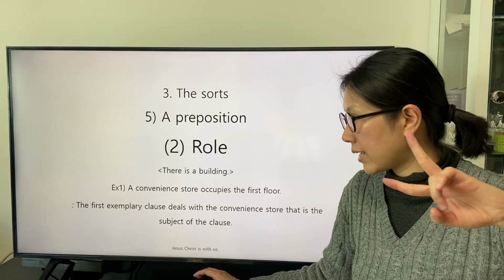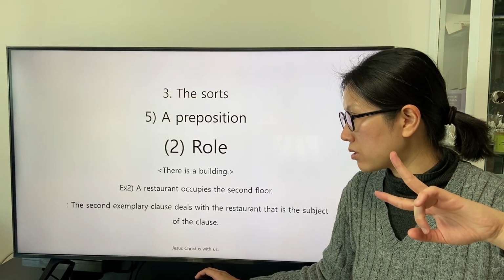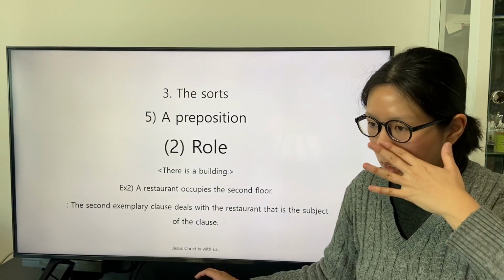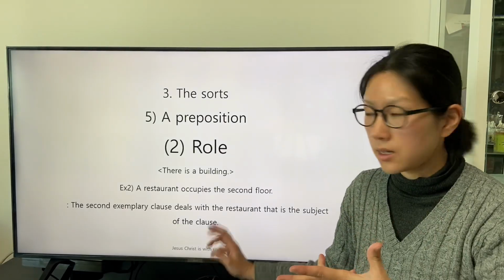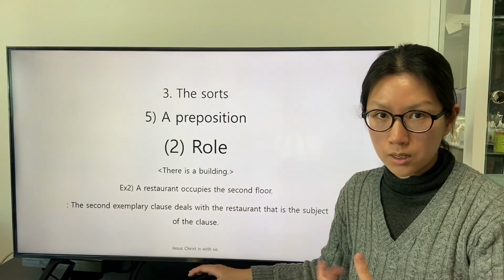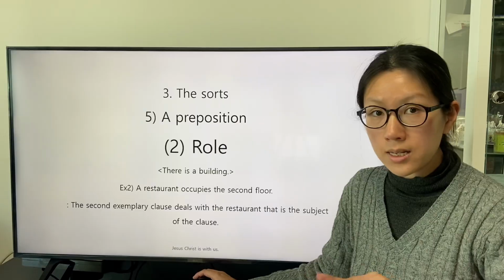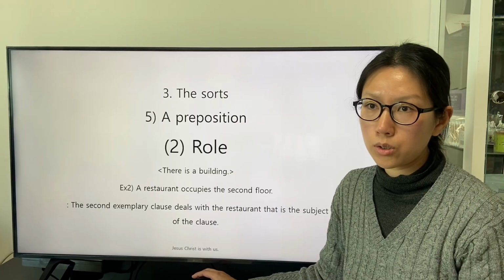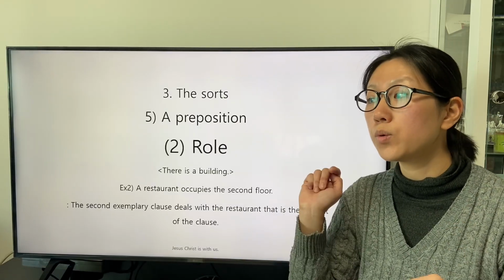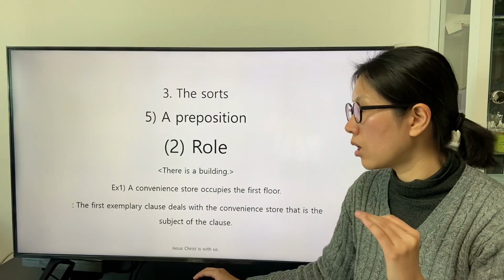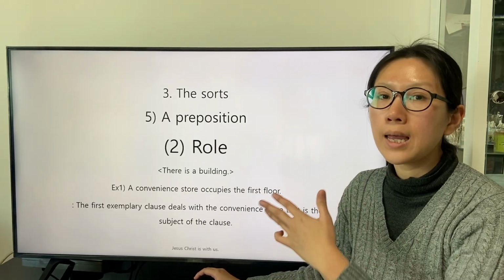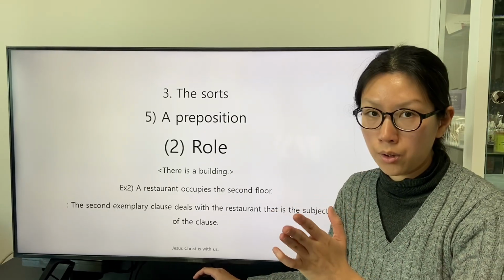And the two subjects in the first and second clause are located in a building, stated as the premise to deal with the two places, a convenience store and the restaurant.